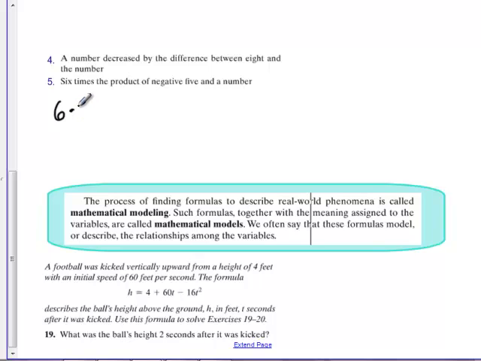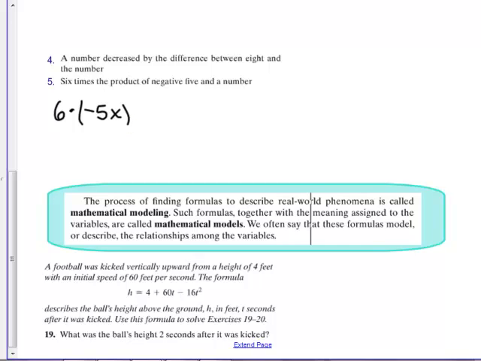So it's wanting us to do 6 times negative 5x. The reason I'm putting parentheses around there is if it had said 6 times the sum of, you're going to have to do parentheses around that because it wants you to do 6 times the entire sum.